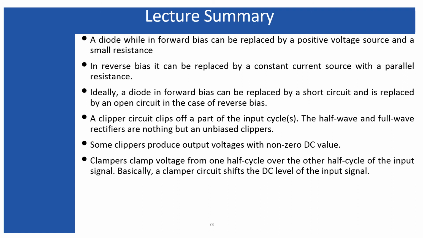Inverse of slope is the impedance or the resistance of the VI characteristics in reverse bias. So the resistance is going to be very high, because 1 by approximately 0, which is the slope, is producing a very high value.